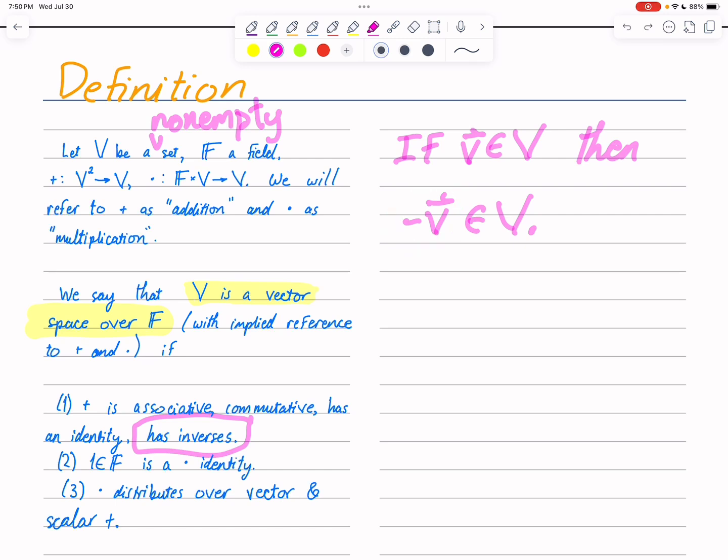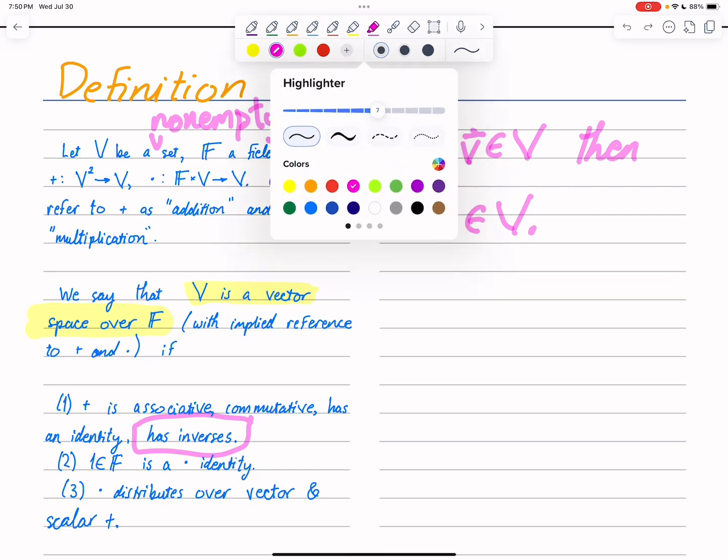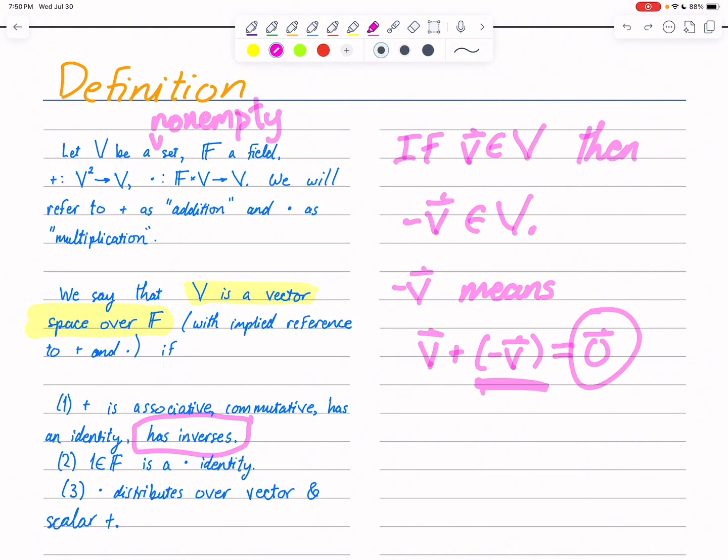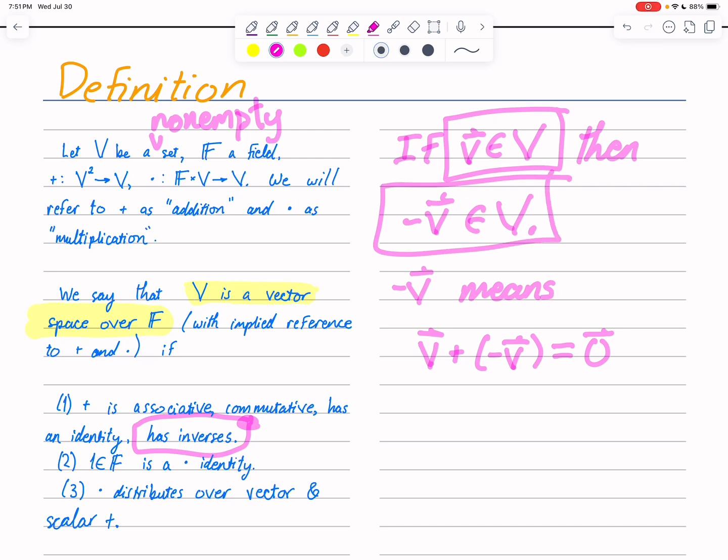Now, I think we all intuitively know what it is, but formally, negative v means that element which, when added to v, results in the identity, right? So that is the official definition of the inverse element for v. And so when we say that the collection has inverses, what I mean is that every vector v in your set V has some corresponding inverse element also in V.